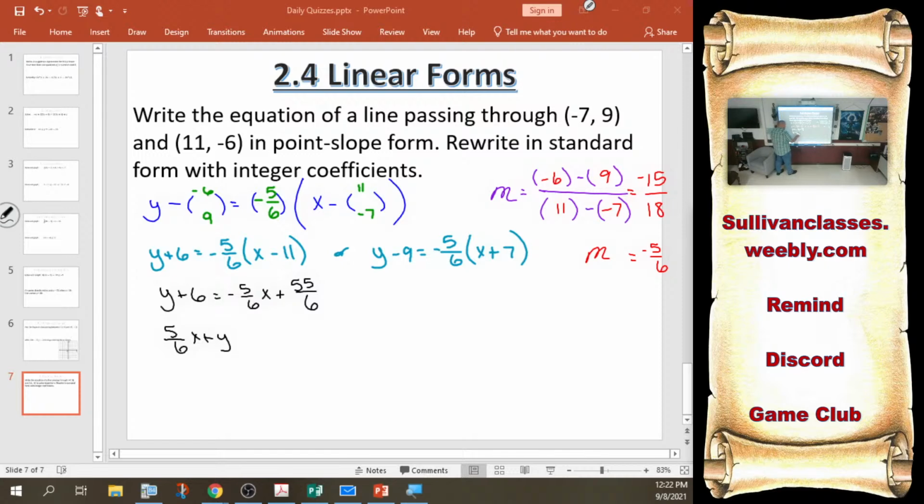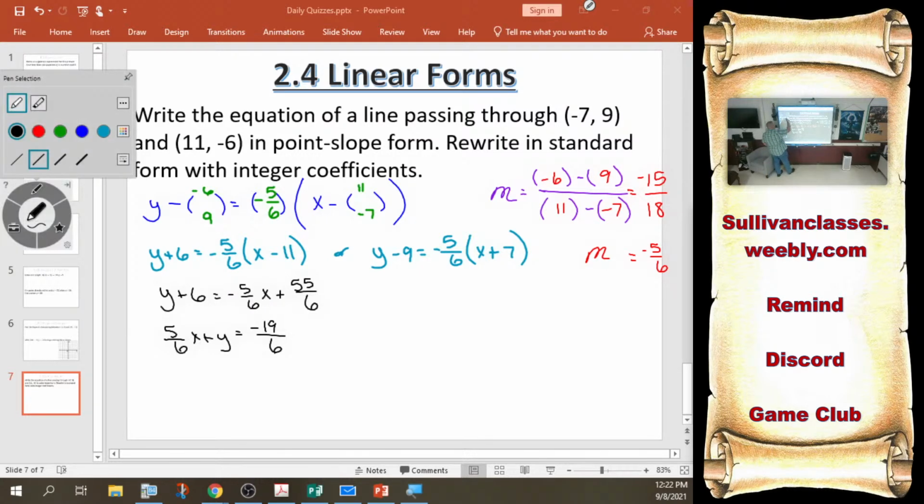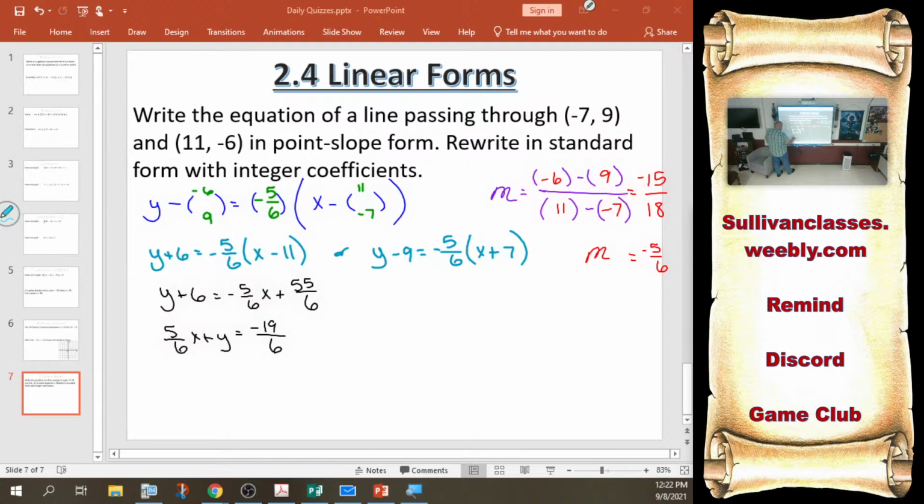Is a negative, what is that, 19? Right? 19/6? Right? 55, 36, and 5, almost 20. Yeah, okay. And then you got to take it all the way to the end zone. I'll multiply the whole thing by 6 to get standard form with integer coefficients.